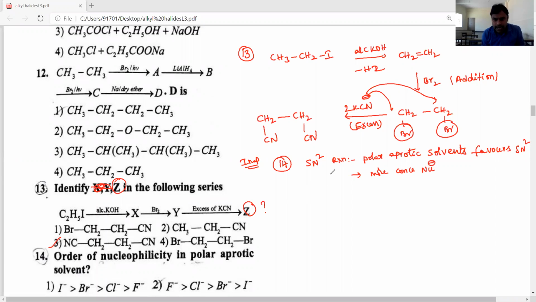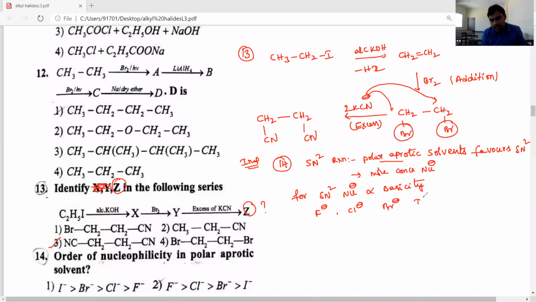Now, in SN2 reactions, that means polar aprotic solvents, nucleophilicity is directly proportional to basic nature or basicity. What are the given nucleophiles, dear students? F minus, Cl minus, Br minus, and I minus.